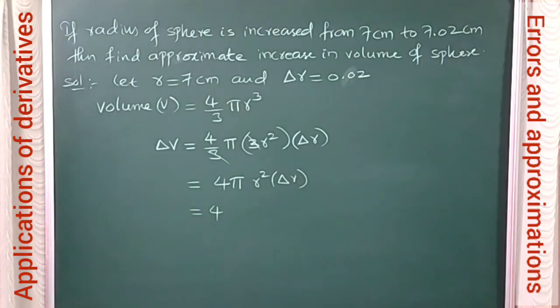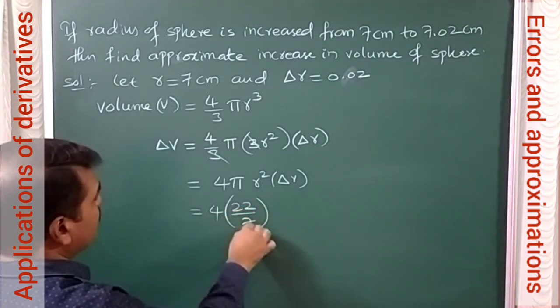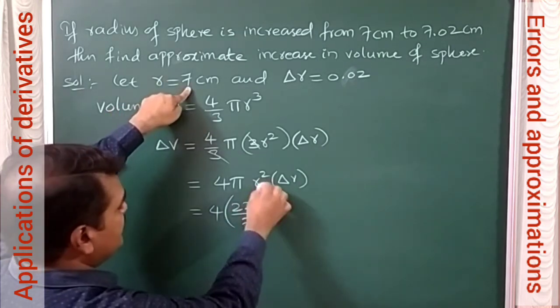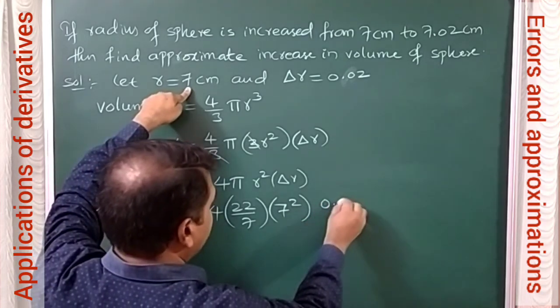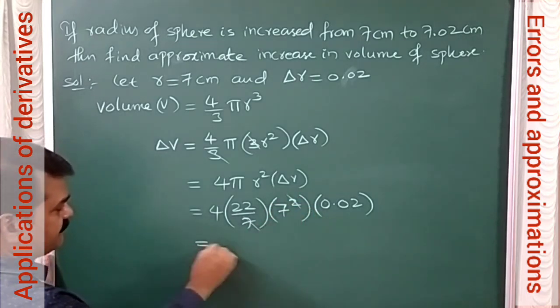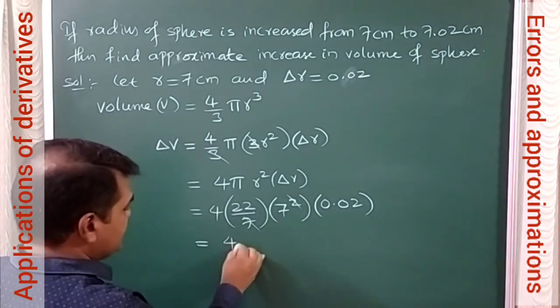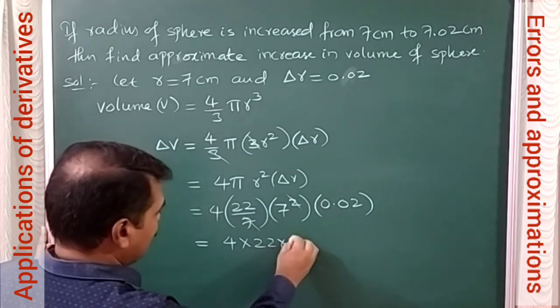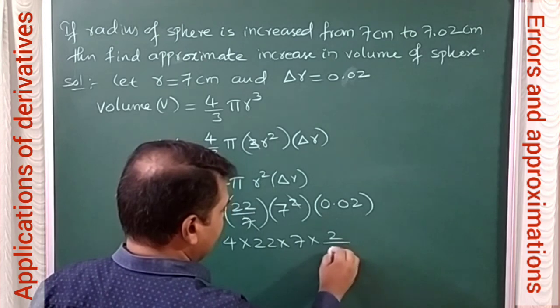Okay, so 4 pi. Pi value we know is 22 by 7. R is 7, so r square is 7 square. And delta r is 0.02. So one 7 and 7 you can cancel. That is 4 into 22 into 7 into 0.02, and 0.02 means 2 by 100.